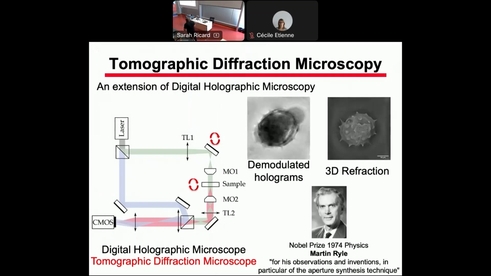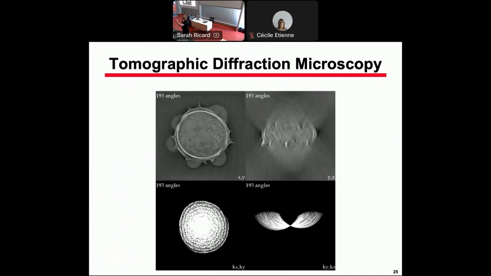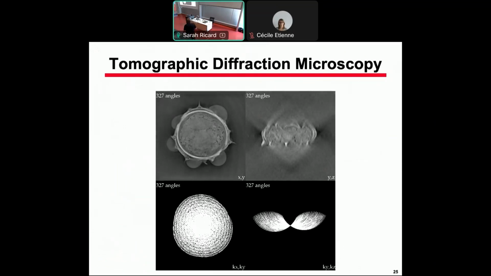In fact, the so-called synthetic aperture technique was a word in physics, but this was regular stuff. But basically, we are doing exactly the same, except by experiment. So here you see the numerical reconstruction as a function of the holograms we acquire. We accumulate information.